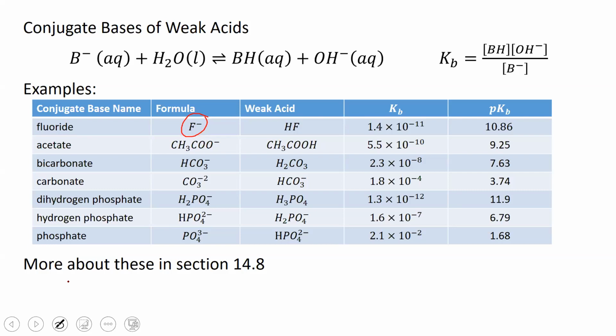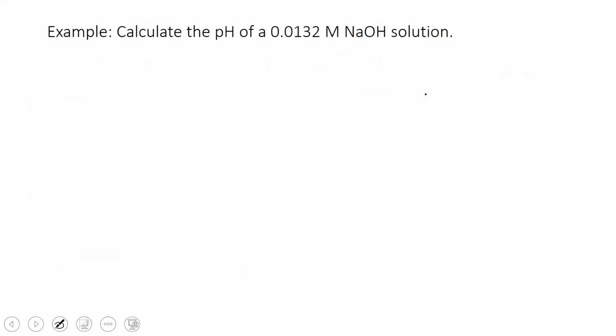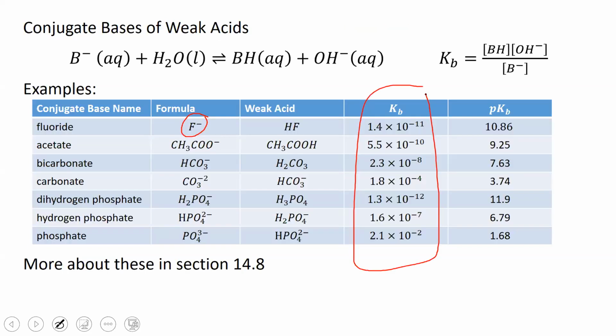These are all examples of weak bases, and you can see the Kbs right here. They're small, 10 to the minus 2, 10 to the minus 11. Now, the way you would get one of these into solution is actually not trivial. Well, it's easy to do, but it's something we need to make sure we understand, okay?